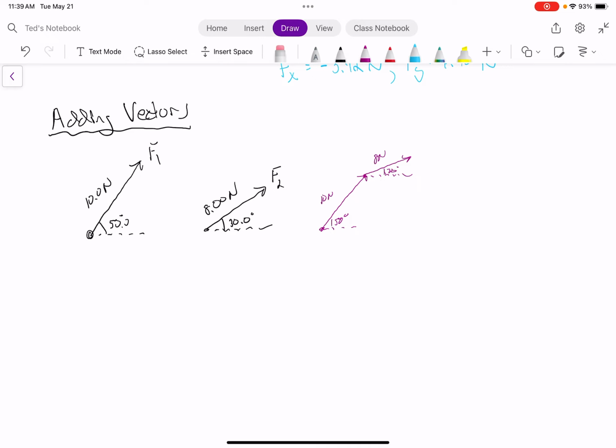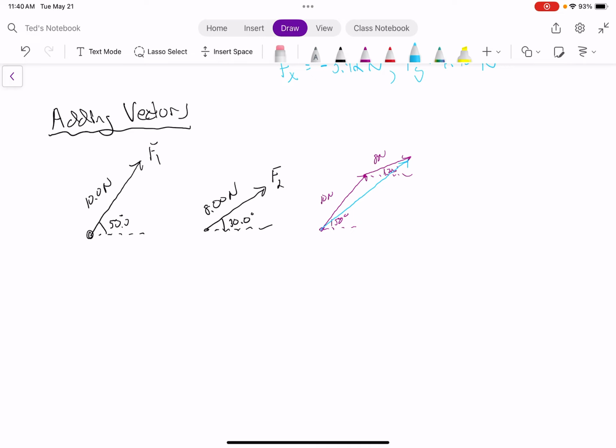So then the answer to the addition problem is a vector that starts at the beginning of the first vector and ends at the end of the second vector. So this would be f1 plus f2 because we put f1 first and then we put f2 second.